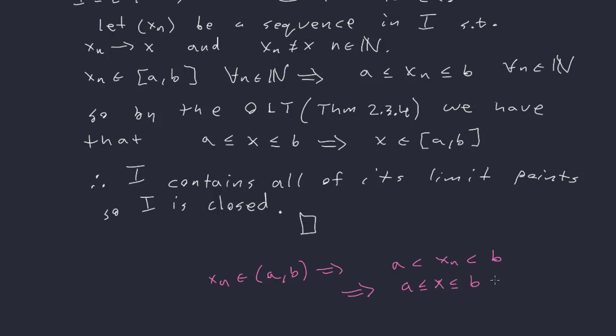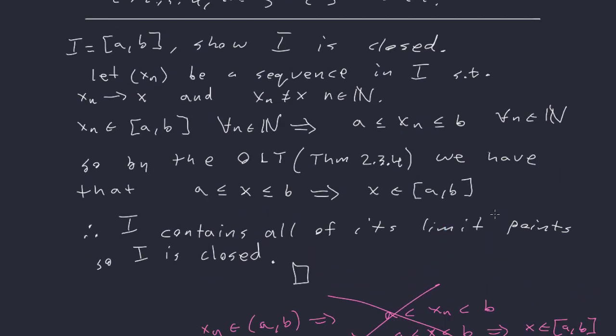So this would tell us that the limit is in the closed interval, so it might actually be one of the endpoints, which would not be in the interval. So that's why we can't utilize this same argument to prove that the open interval is closed, which is good. We don't want to be able to do that.